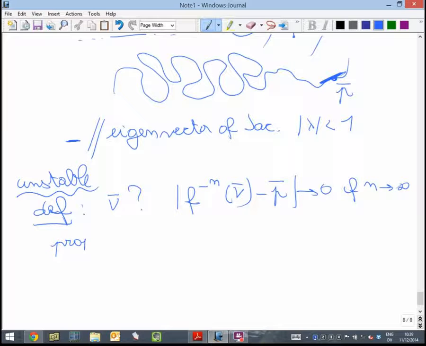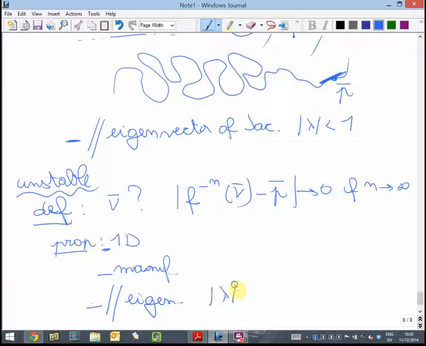What are the properties of the unstable manifold? Well, for a 2D map, it's a 1D thing. It's a manifold, unsurprisingly. And it's, in this case, also parallel to an eigenvector, but in this case the eigenvector corresponding to the unstable direction.